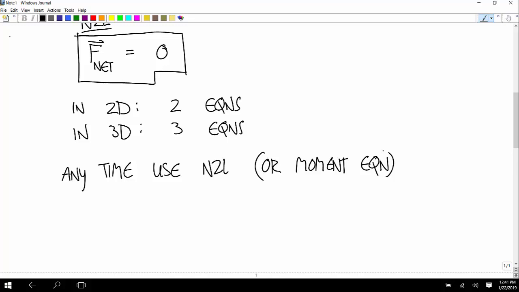If you lose points for not doing it, you're going to be really annoyed at me, but if you do this, you're going to be happy that you've built this habit. So you must draw a free body diagram.